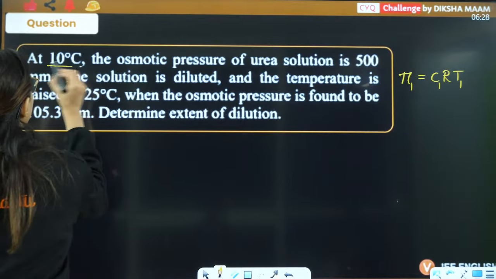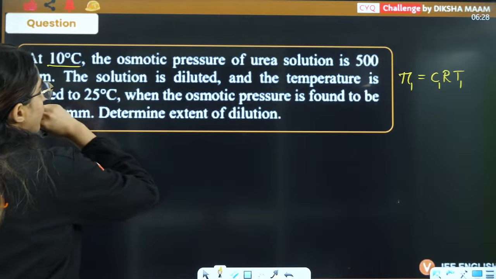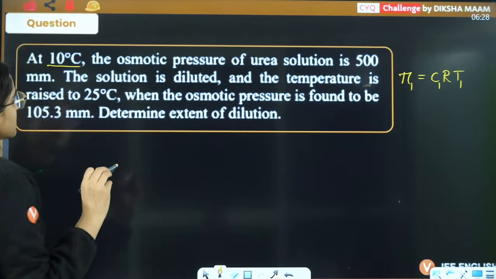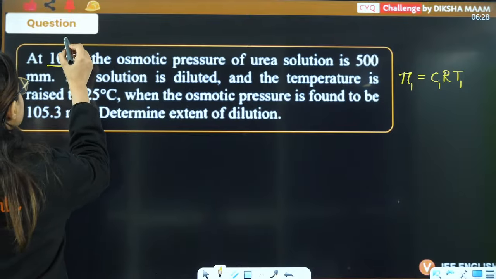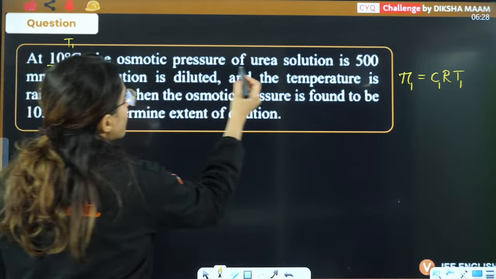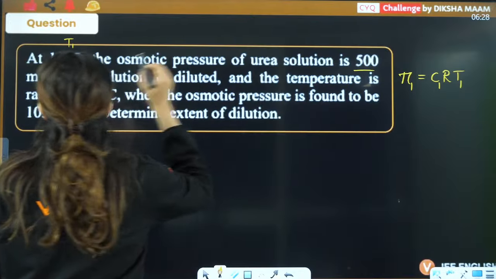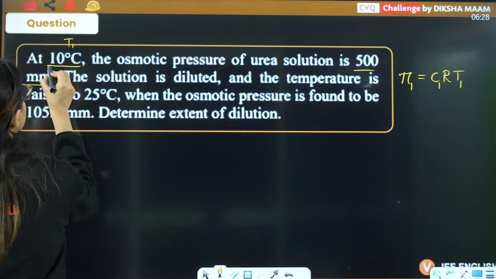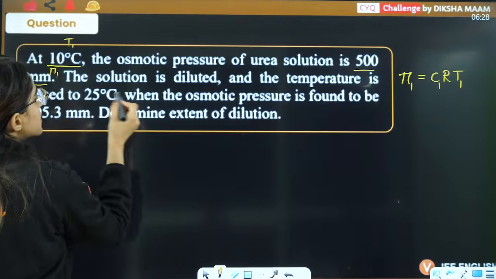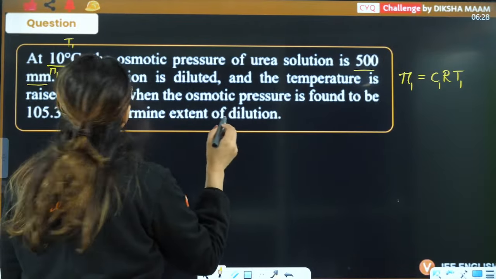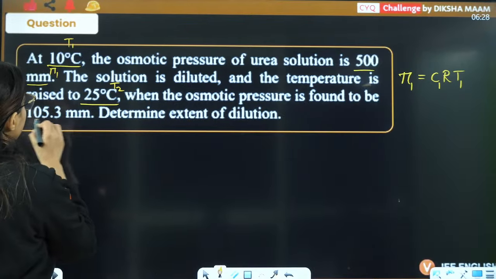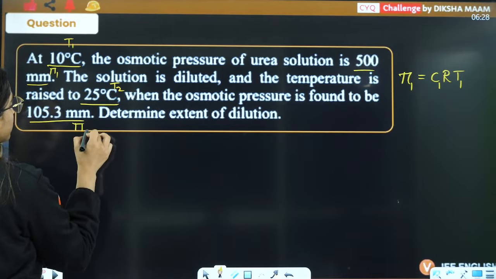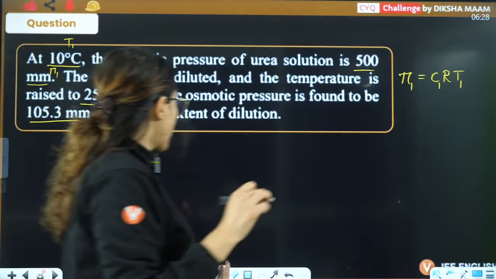So I can take this as, for the urea solution this is T1 and the osmotic pressure is pi 1. The solution is diluted, the temperature is T2 and the pressure is pi 2. Determine the extent of dilution.